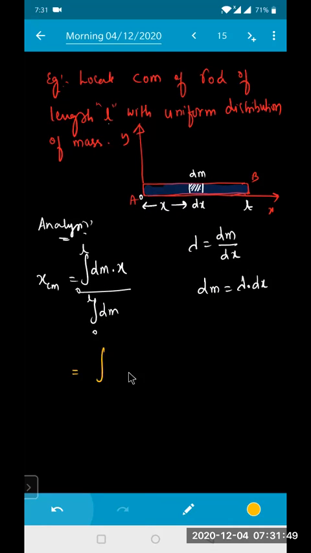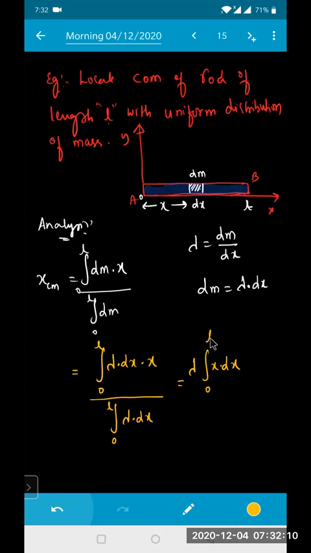Integral of dm x is lambda into dx into x, limit 0 to L, divided by integral of lambda into dx, limit 0 to L. Lambda goes out: integral of x into dx, limit 0 to L, divided by lambda out, integral of dx, limit 0 to L.